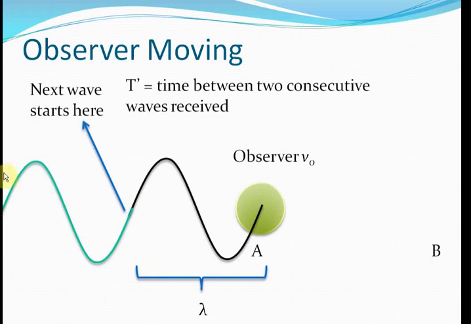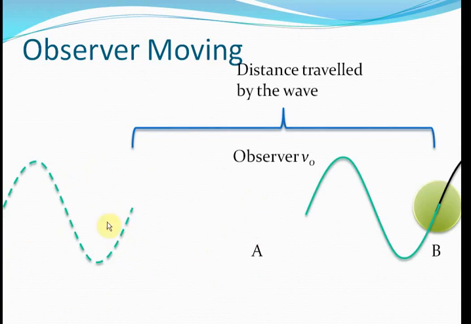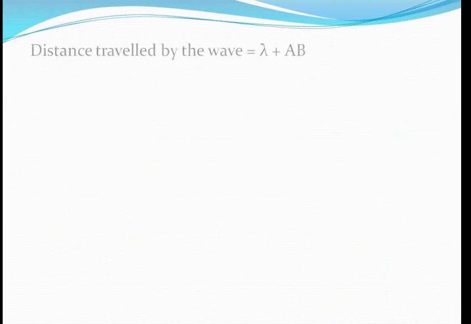So the net distance that this second wave has traveled is lambda plus AB here, isn't it? This means the distance traveled by the second wave which the observer hadn't received at time t equal to 0, which was after the wave the observer was receiving at time t equal to 0, the net distance traveled by that wave in time t dash is clearly lambda plus AB.